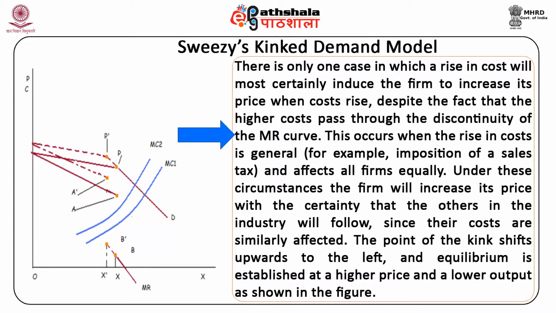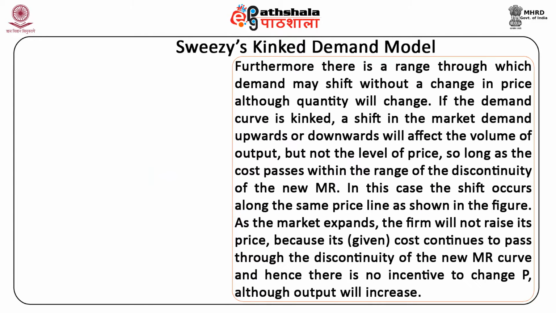The firm, via independent action, moves closer to the point of joint profit maximization. Furthermore, there is a range through which demand may shift without a change in price, although quantity will change.